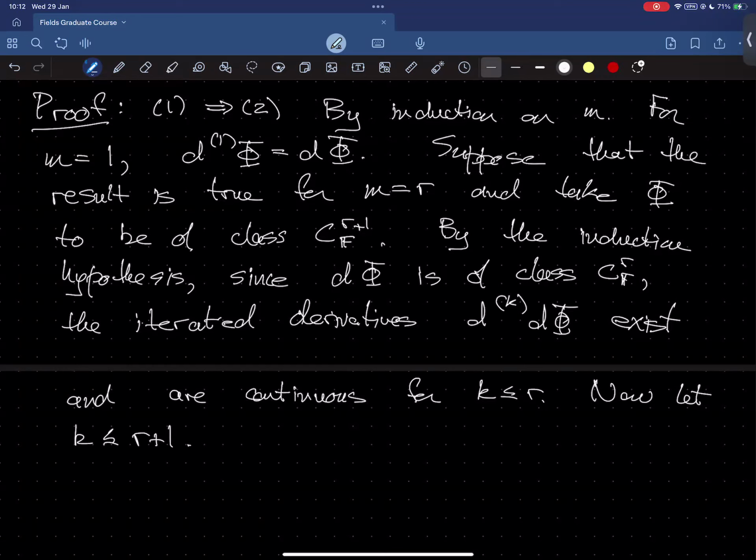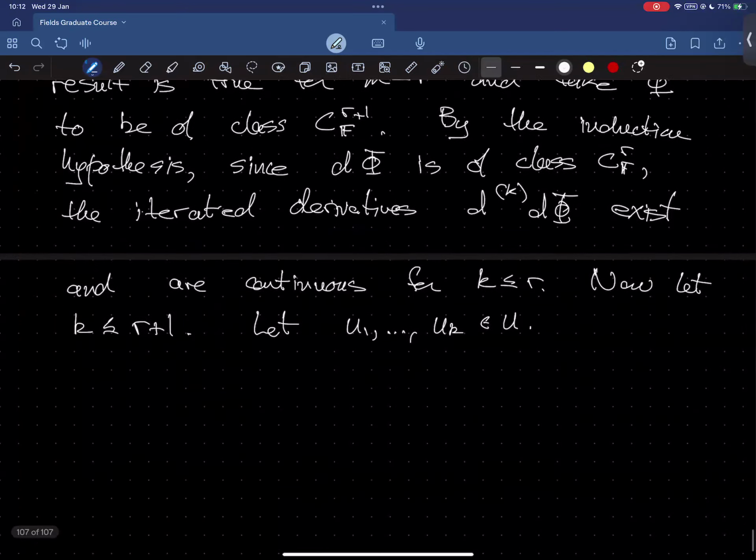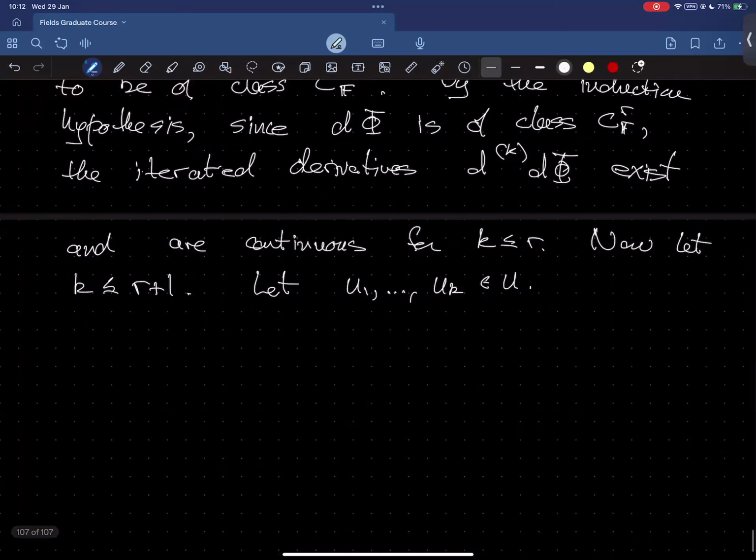So I need to differentiate in k different directions. Let u1 up to uk be in U.